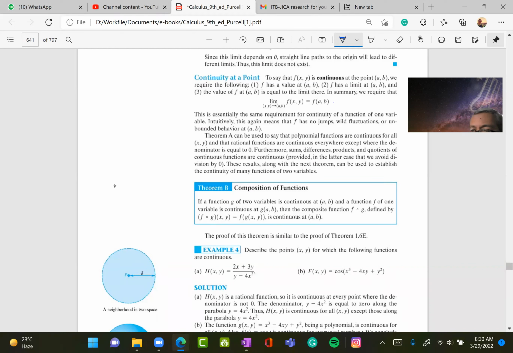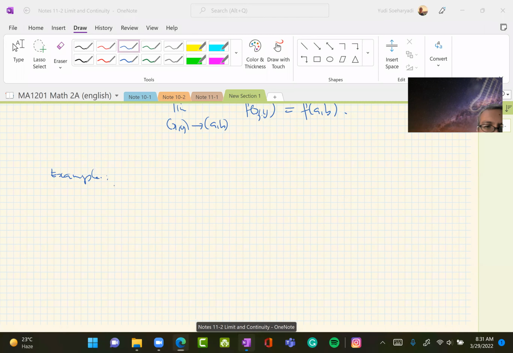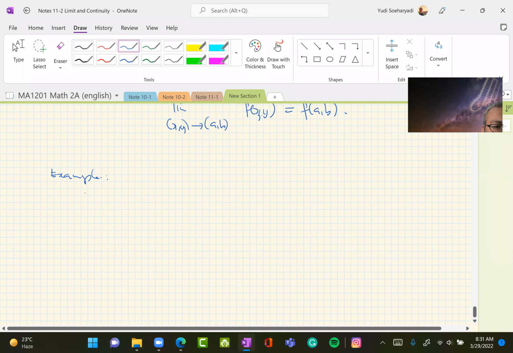So problem A: find all pairs (x, y) such that the function, defined as 2x plus 3y over y minus 4x squared, is continuous.